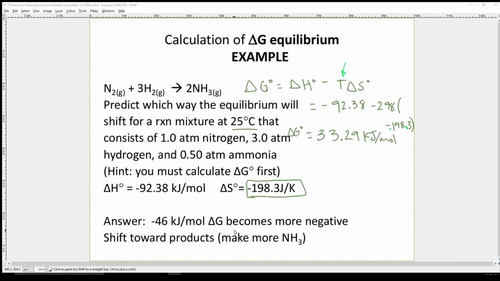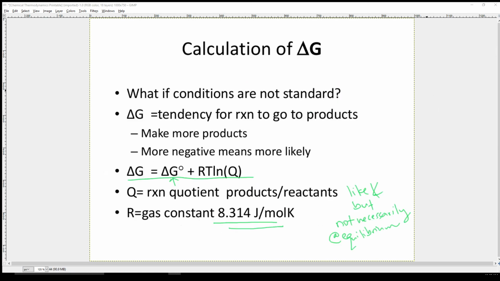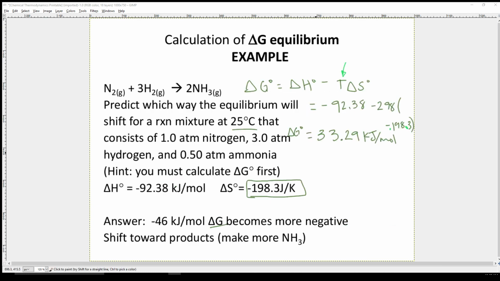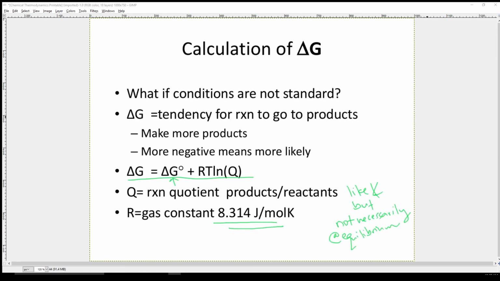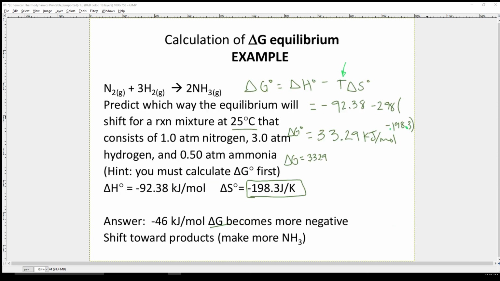However, we want just plain old delta G. So remember, where is that slide? It's right there. There's our equation we're going to use: RT, natural log of Q. So delta G equals delta G standard, 33.29, plus RT, natural log of Q. R is in joules per mole Kelvin, so I probably want my delta G standard to be in joules per mole as well.